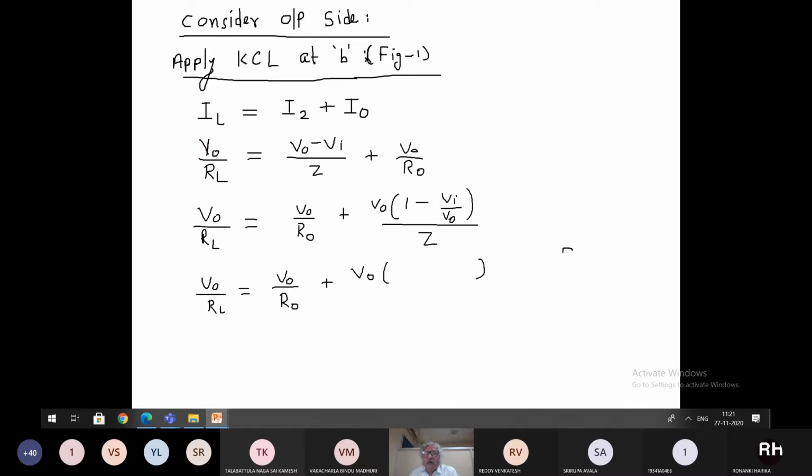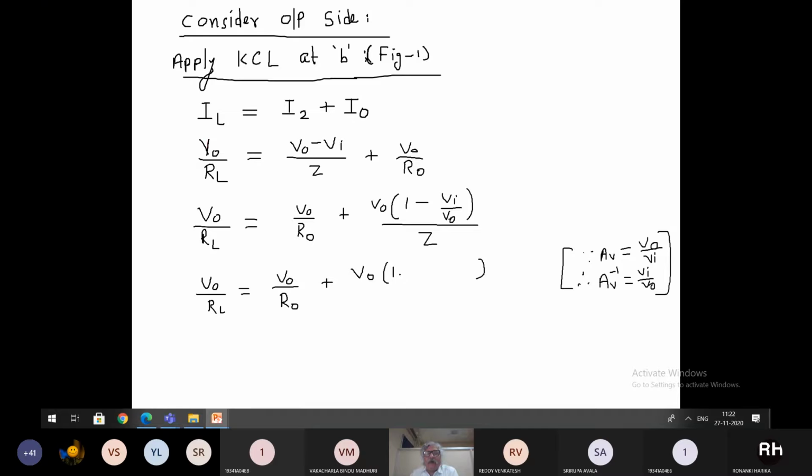Now here we know that the voltage gain is V0 by Vi. Therefore the inverse of the voltage gain is Vi by V0, and we will use this here.